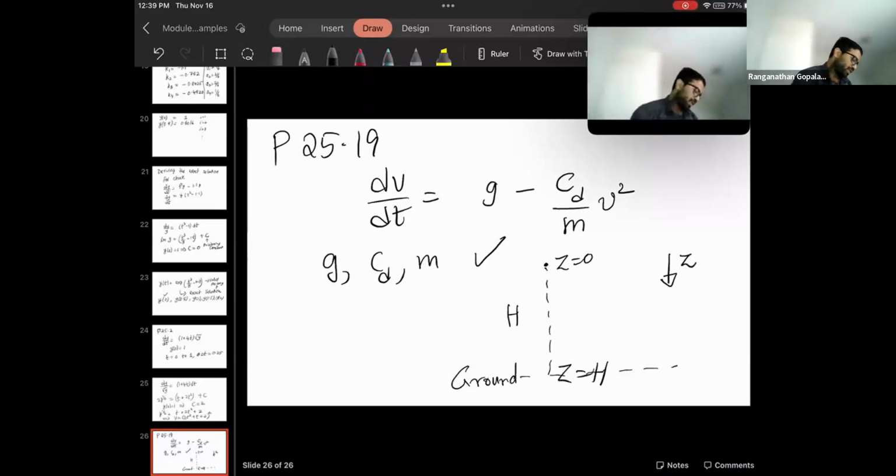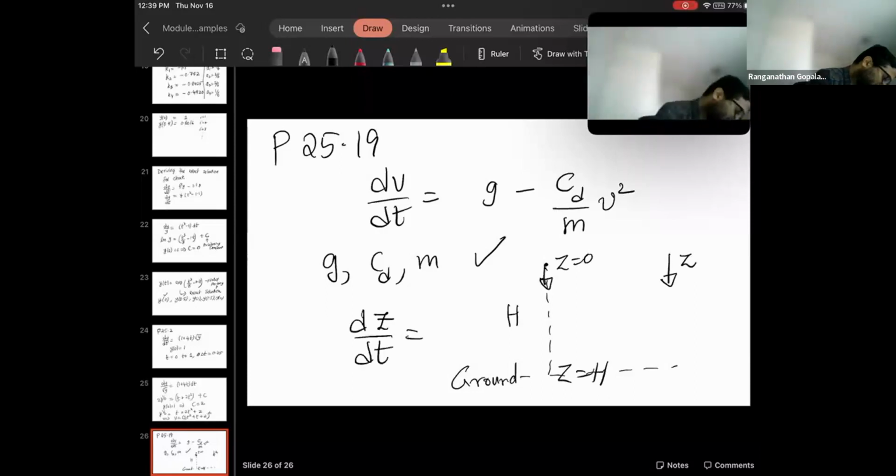Okay. Now what is speed? The speed along the z direction is nothing but the rate of change of position. So that is v. So these two equations need to be solved simultaneously.